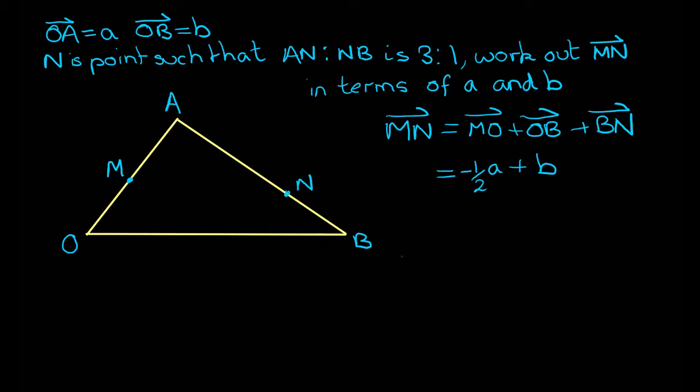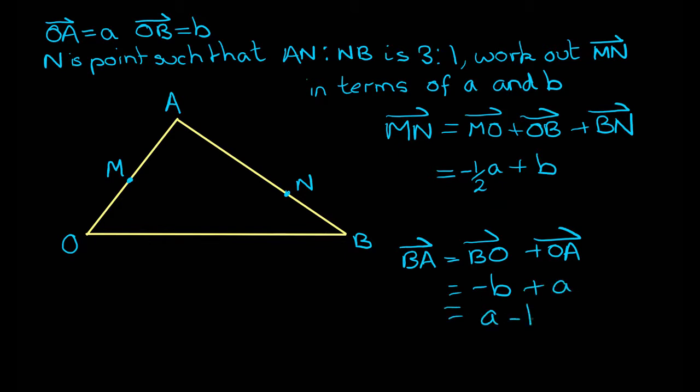So let's work that out again. So BA, B to A, going to be B to O plus O to A. B to O is the reverse of O to B, so that's minus B. O to A is plus A, so that's A minus B.